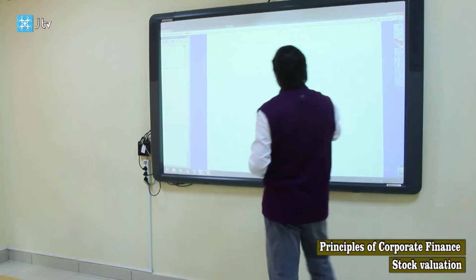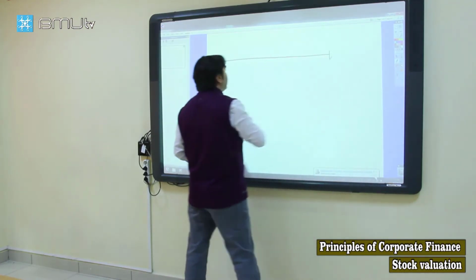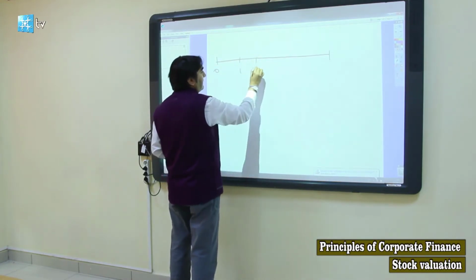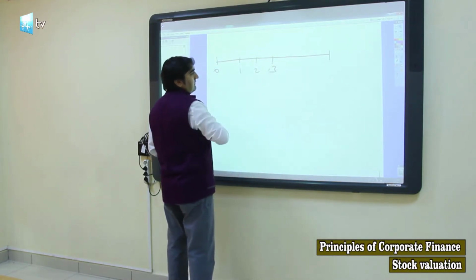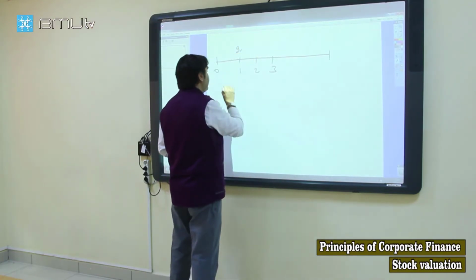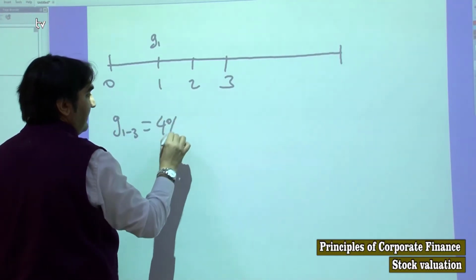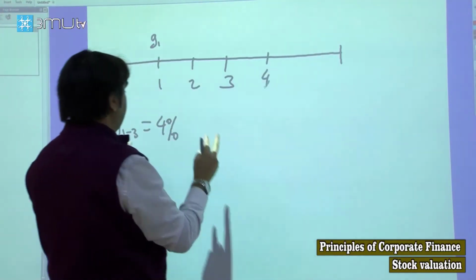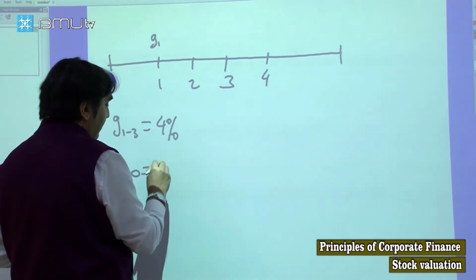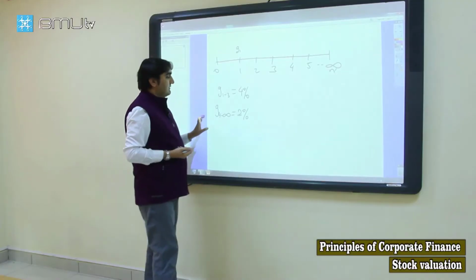We have a stock whose dividends grow at G1 for the first 3 years. Let's say this is 4%. So starting from the fourth year, it grows at 2% forever, for example. What's the price of this stock?